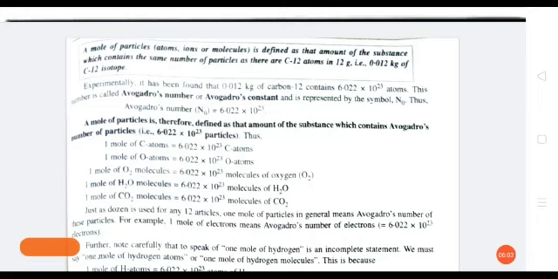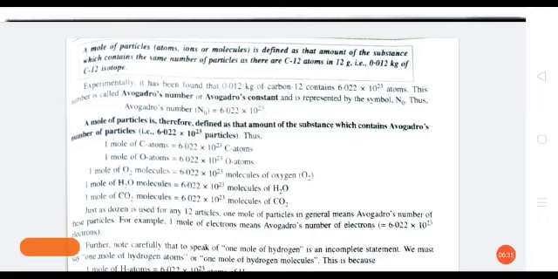Okay. Now it is clear that among all the elements, C is taken as a standard element as it contains equal number of protons and neutrons. All elements are compared with the standard element carbon.